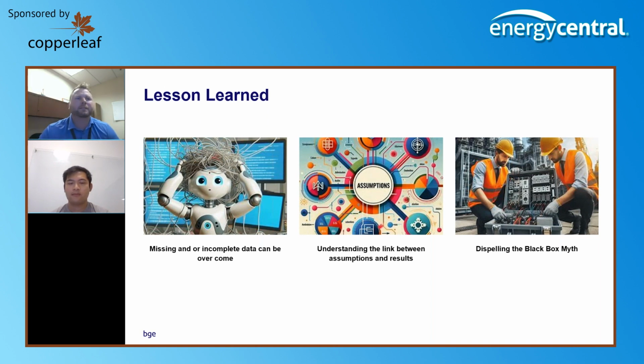That gets to the next piece, which is understanding the link between your assumptions and the results. That's one of the things we're working through right now, and it's a great learning experience. As I mentioned before, where we didn't have asset data on age, we just assumed the station was built in a certain year and plugged that date in for those particular assets.